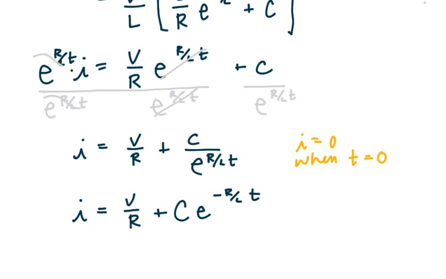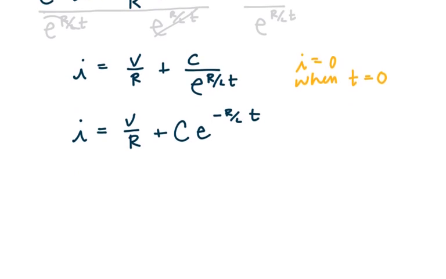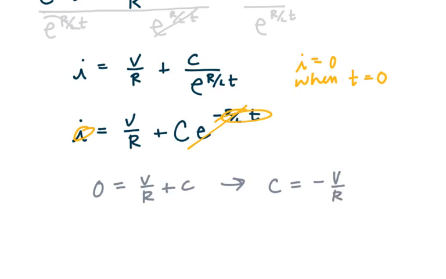And I'll use my initial values. I'll plug that 0 in for I and the 0 in for t. And doing that, 0 there turns that into 1, 0 here. I now have 0 equals V over R plus C, which gives us that C equals negative V over R.